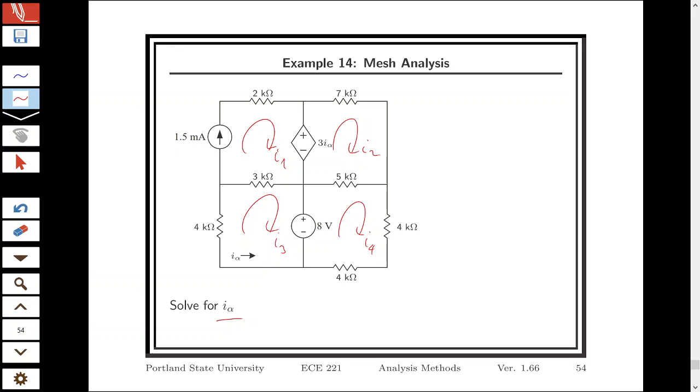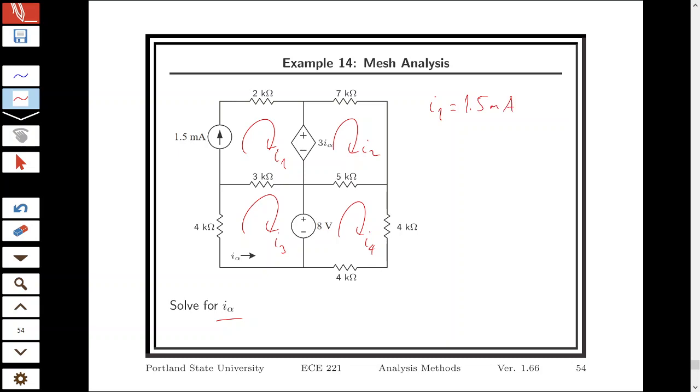So we have a current source here. First of all, let's check if there is a super mesh or not. This is a current source, but it's not in common between two meshes. Okay, so this appears only in the first mesh. So since this is 1.5 milliamperes, the current here is directly then 1.5 milliamperes, right?